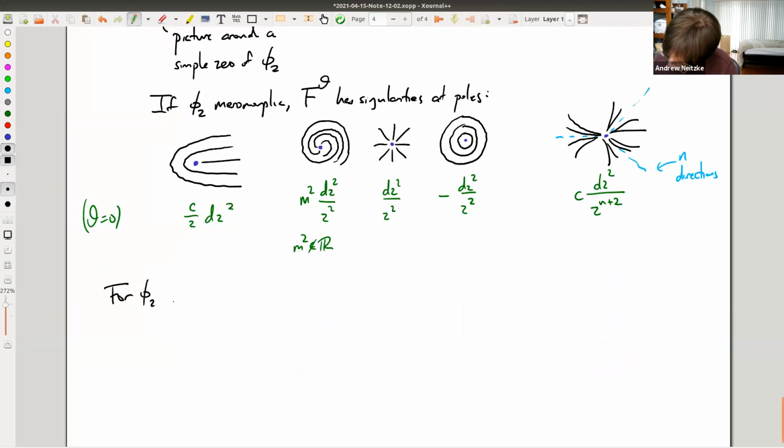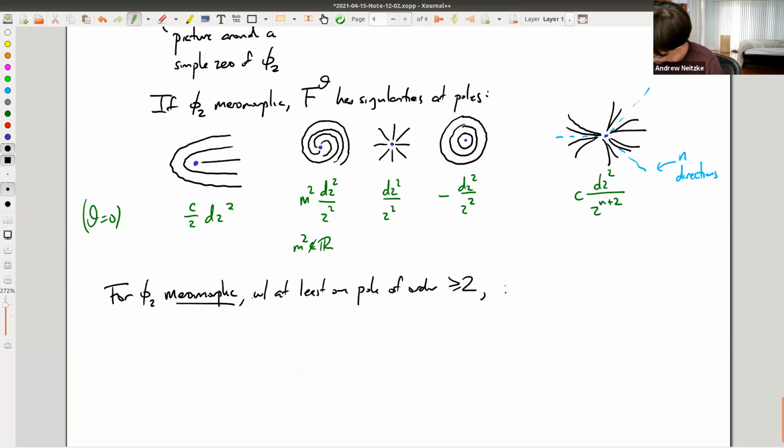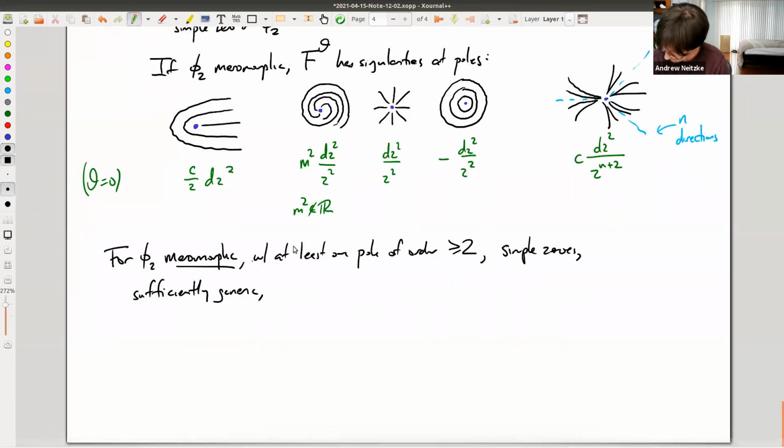So if phi2 is meromorphic, with at least one pole of order at least 2, with only simple zeros, and some additional genericity condition, which I don't want to write right now, but sufficiently generic, then the global picture is going to look like this: we've got a bunch of zeros and a bunch of poles.